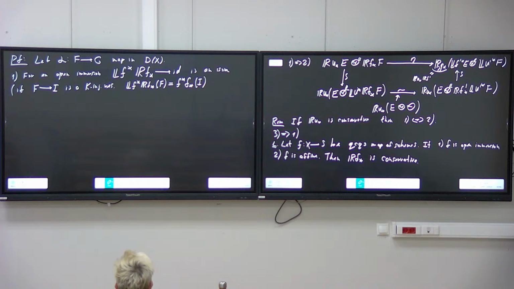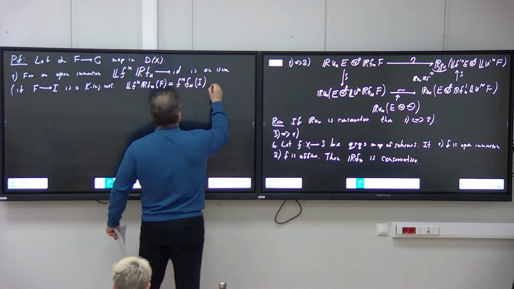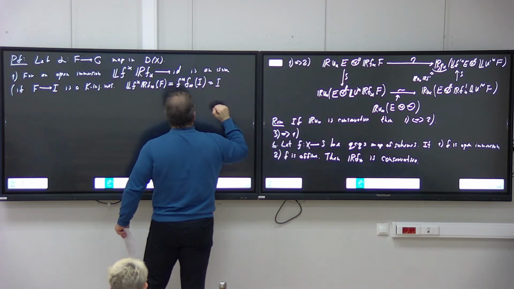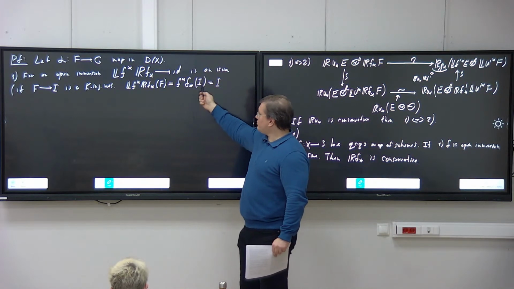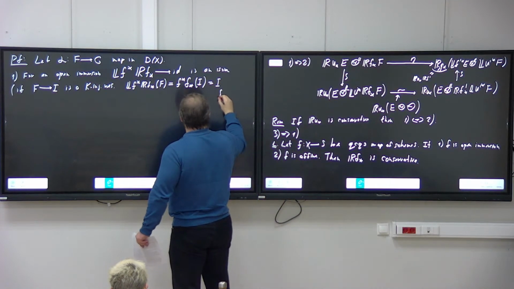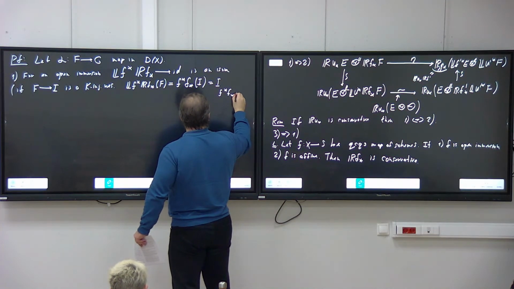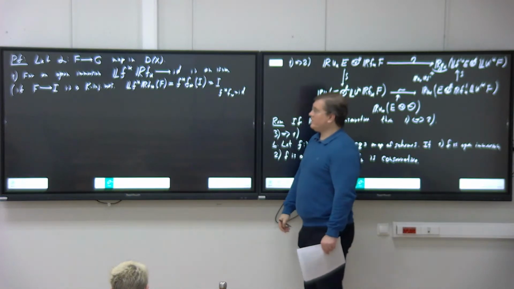And for the push forward, this is how you compute the derived push forward with the injective resolution. But now this is, of course, isomorphic to I. This is just the application of these two composed functors to this complex. For an open immersion, if you just look at the underived version, this is the identity, which is a well-known fact from algebraic geometry.